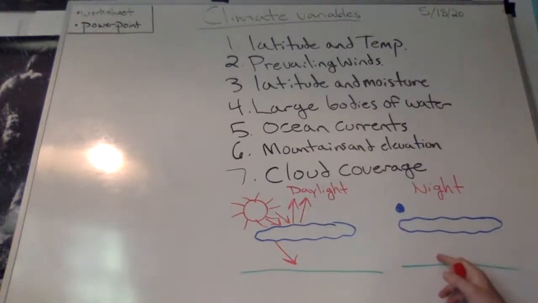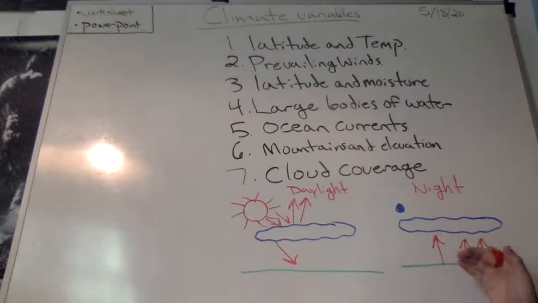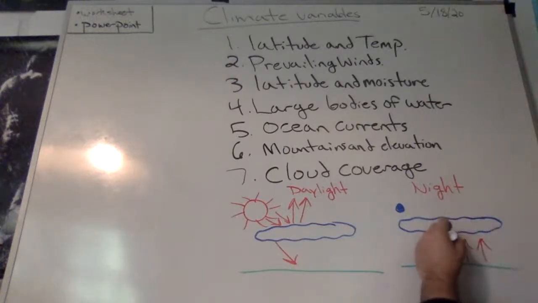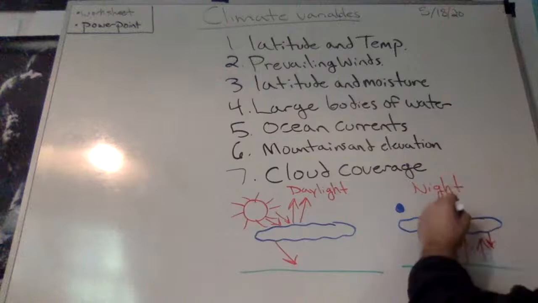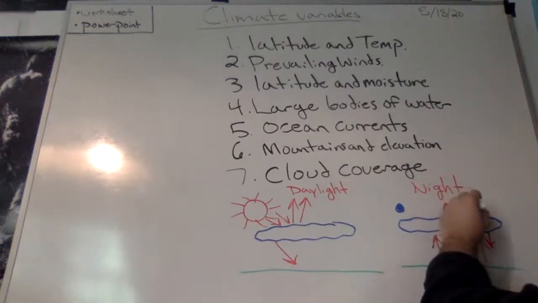Heat is going to escape the earth during the night. So it's going to come up off the surface of the earth and escape back into space. But because there's cloud coverage, some of it is going to be brought back into the atmosphere. Some of it is still going to escape.